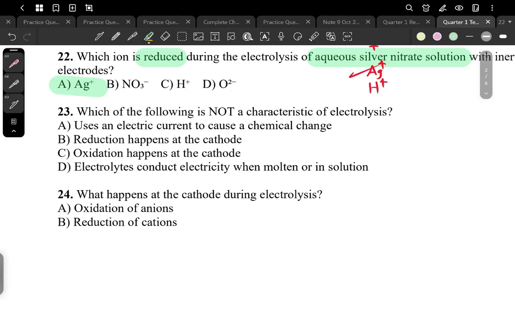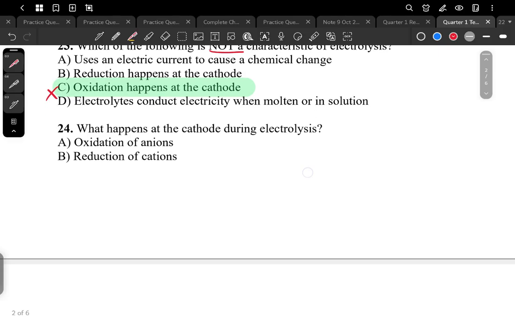Which of the following is not a characteristic of electrolysis? If you read the choices, you're going to find that oxidation happens at the cathode. This is actually incorrect. That's not a characteristic of electrolysis, and that's what we are searching for in this question. What happens at the cathode during electrolysis?